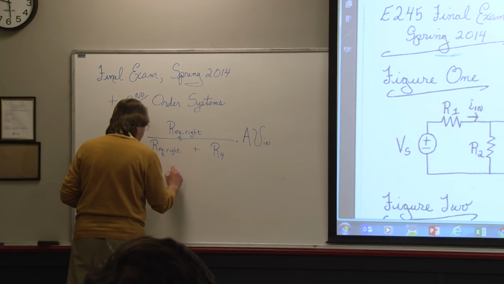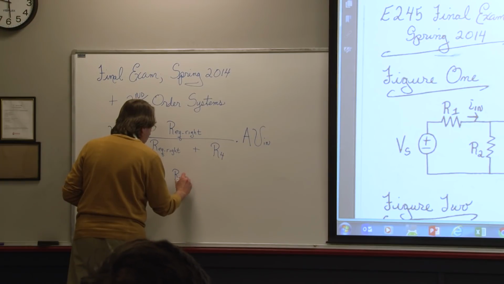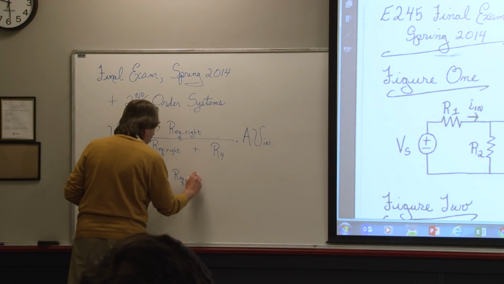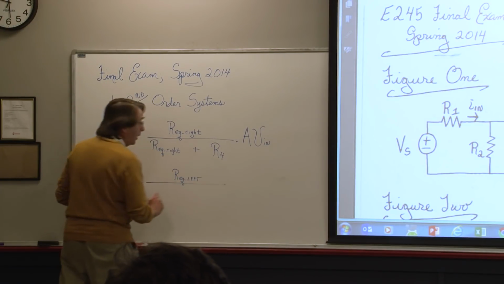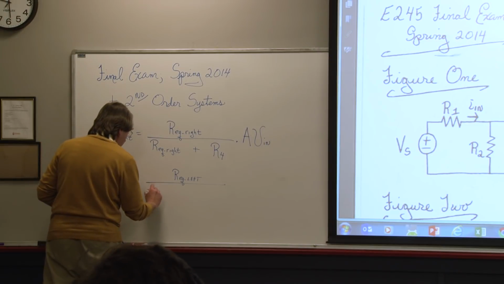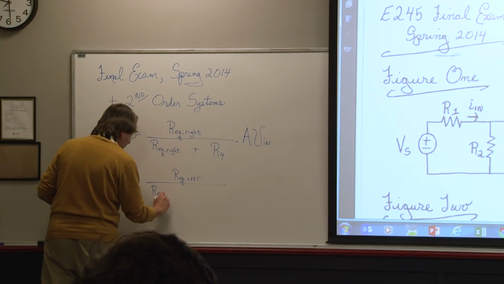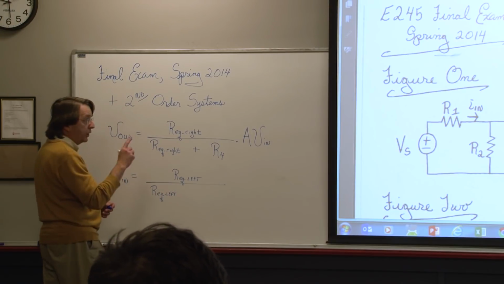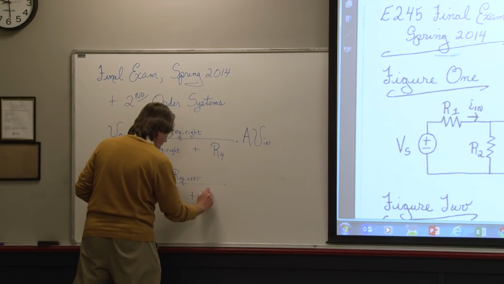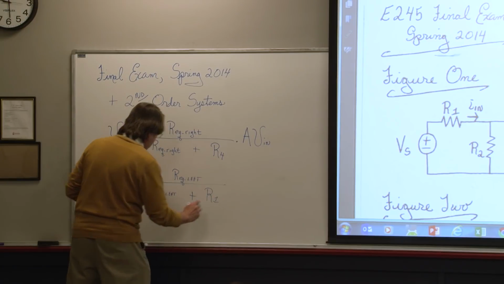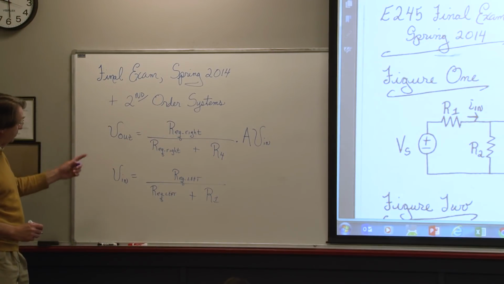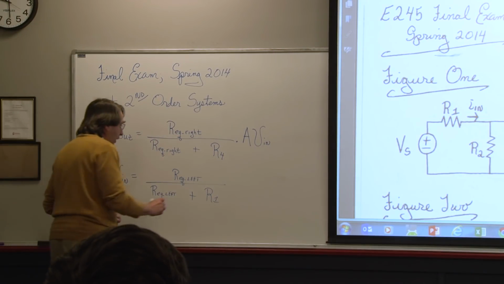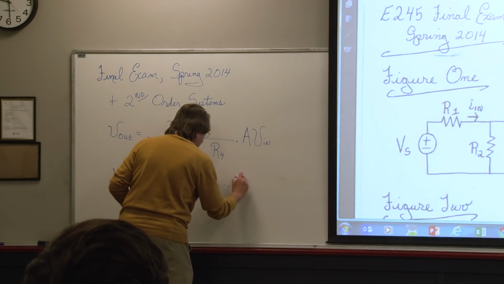So what I get is Req left over Req left plus R1. Okay, so that now gives me the ratio, and I multiply all of this by Vs.